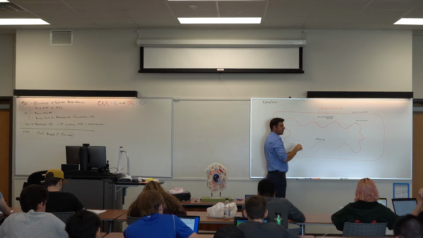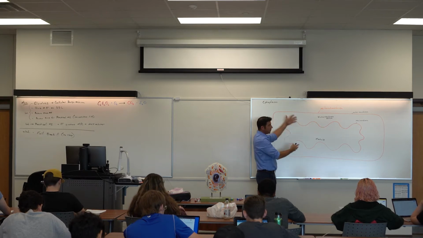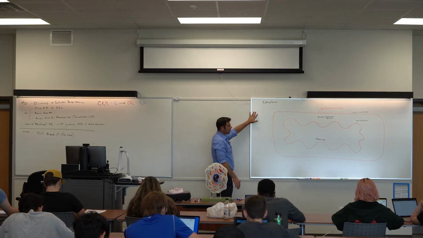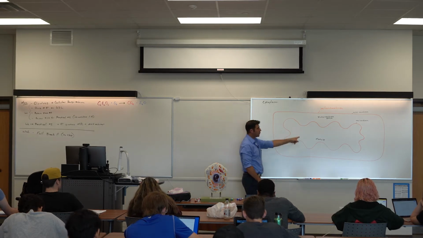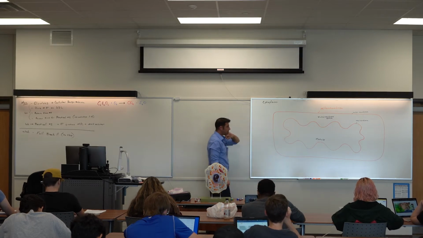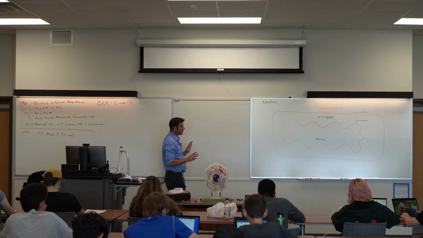Intermembrane space, like interstates, they run in between states, and so this is the space in between the two membranes. Okay, so cytoplasm outside the mitochondria, mitochondrial matrix deep within, and then you have this intermembrane space. We haven't put anything in the inner membrane yet, but we've labeled the compartments.